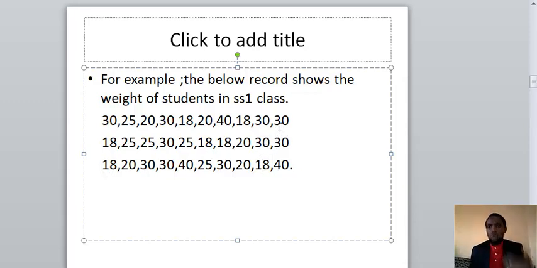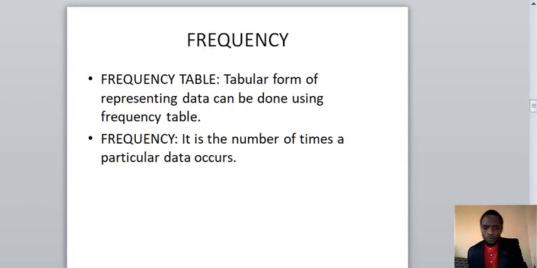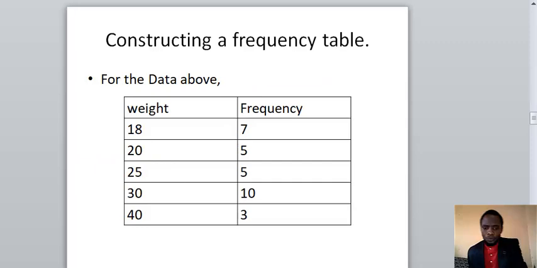That is how we know the number of times a particular data occurs. And we can summarize this in a table very easily. This is the construction of a frequency table. The weight 18 is 7. When we counted it the other time, 18 is 7.